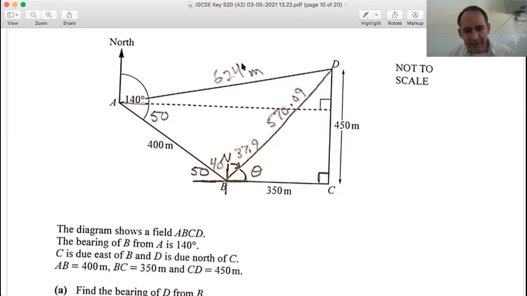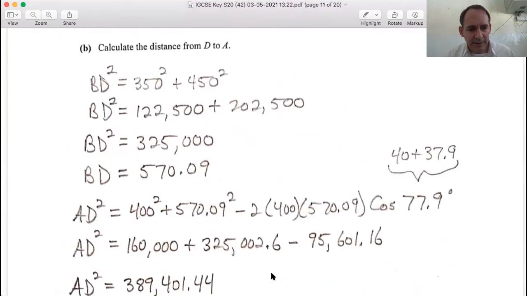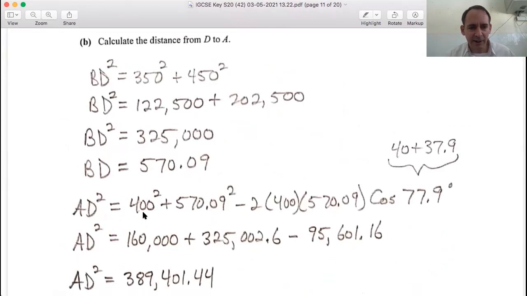We want to find, what I have is 624. That's the answer. We want to find this missing piece. So we're going to use the law of cosines because we don't have a pair. So we end up with AD squared equals 400 squared. That was the given side, plus 570.09 squared.